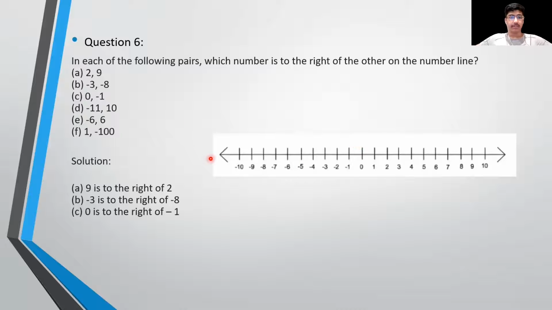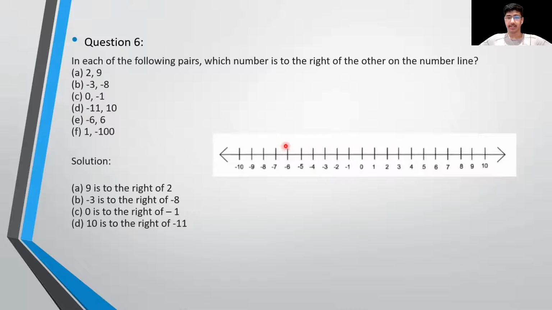D, -11, that will be over here, and +10, that's over here. So from -11's perspective, 10 is going to be to the right of -11. That's going to be our answer. E, -6 and 6. So -6 is over here, 6 is over here.